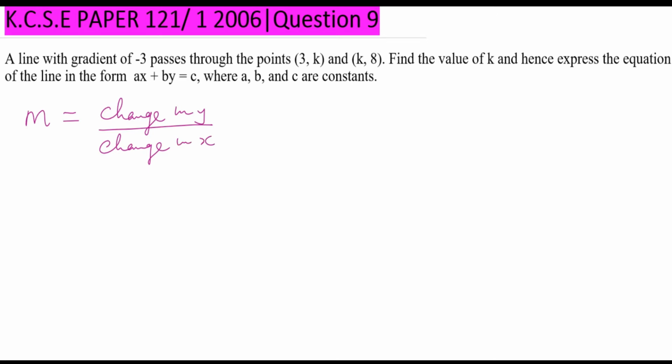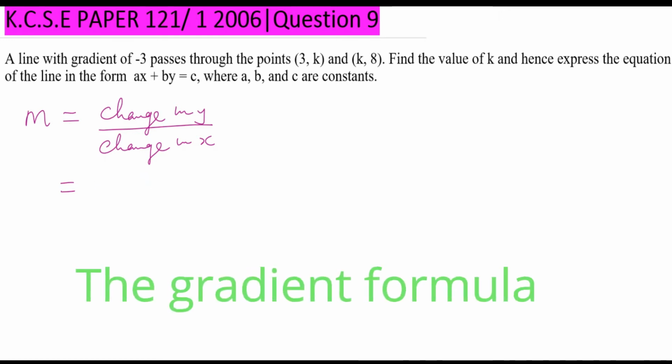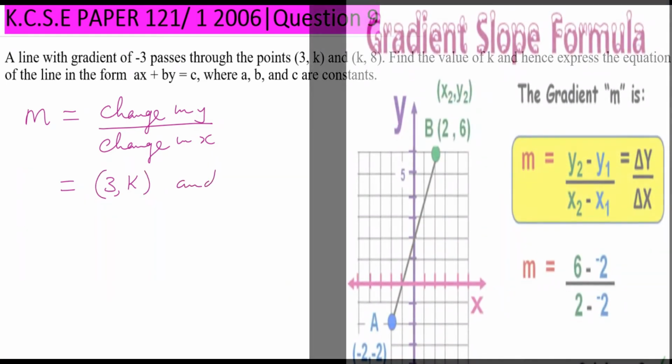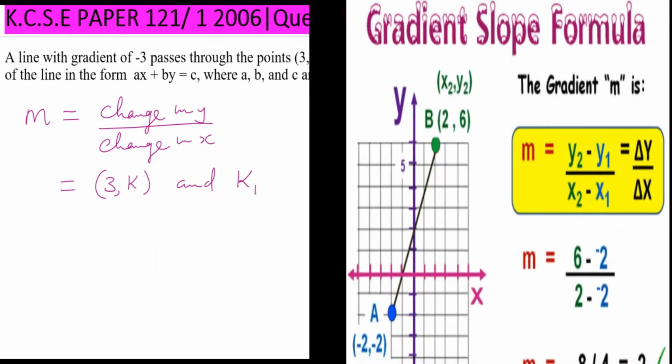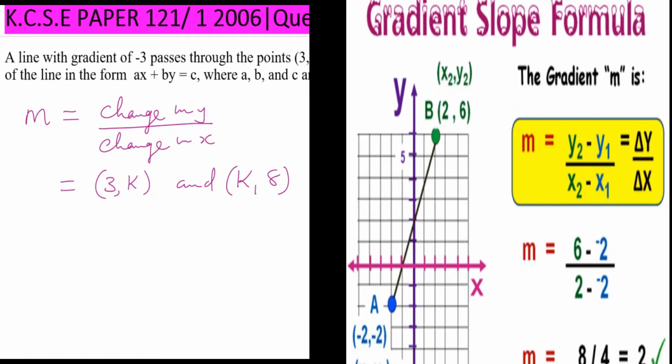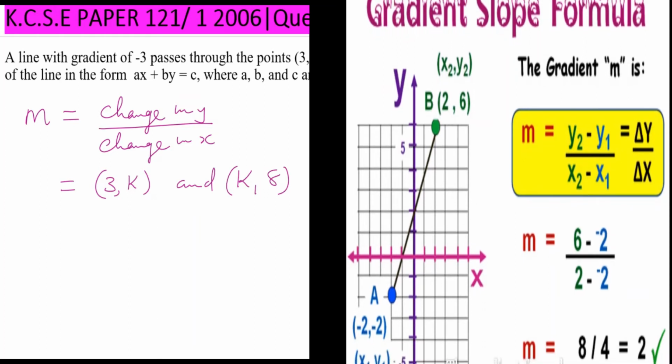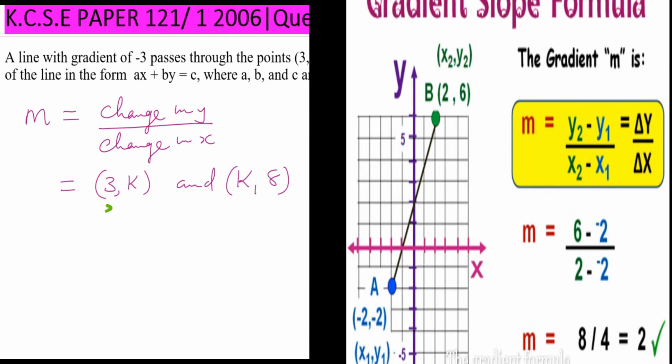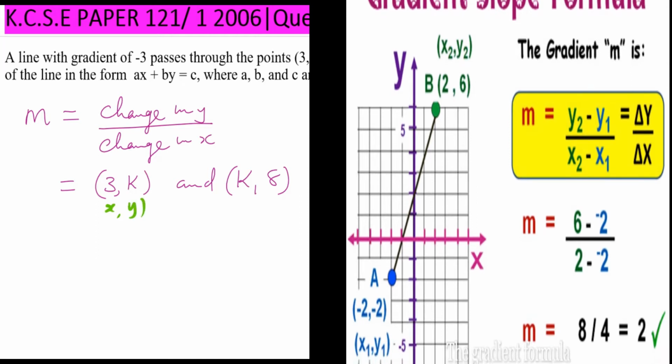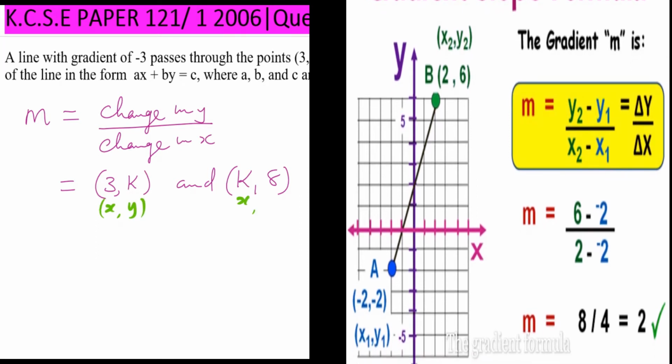In this case, we have these 2 points, (3, k) and (k, 8). So this is our x, this is y; this is x, this is y, coordinate.